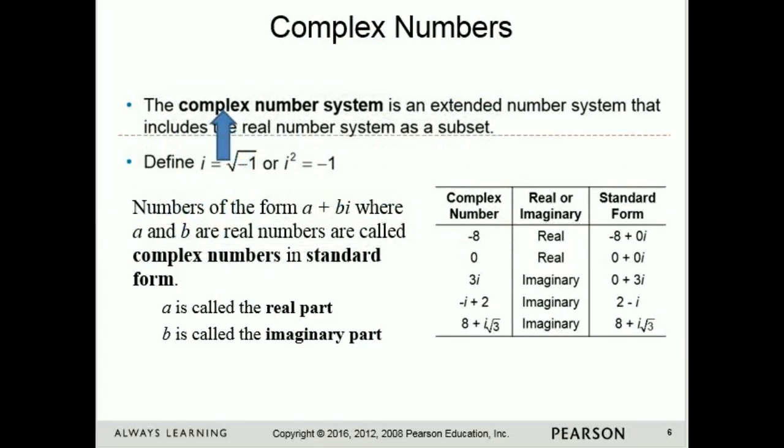So let's first start off defining the complex number system. It is an extended number system that includes the real number system as a subset. And remember, we did talk about these definitions, where i is equal to the square root of -1, and logically i squared is equal to -1.